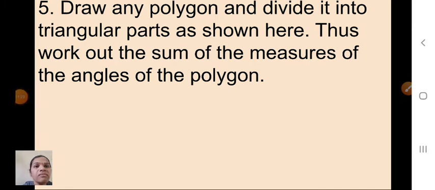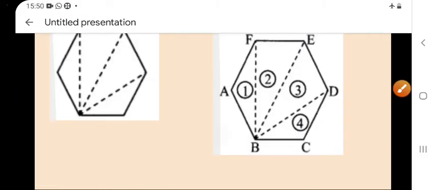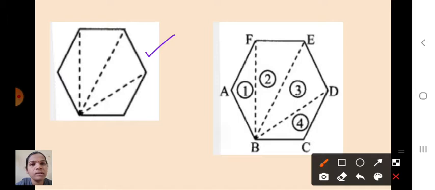Children, see here, the 5th question is, draw any polygon and divide it into triangular parts as shown here. In your textbook one figure is there. Thus work out the sum of the measures of the angles of the polygon. This is the figure given in your textbook. Can you say the name of this polygon?